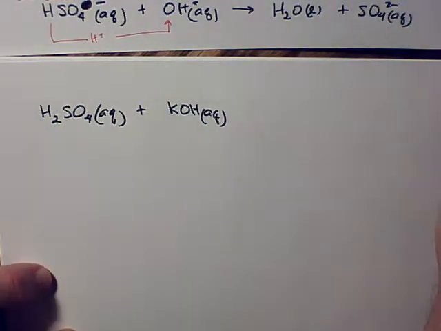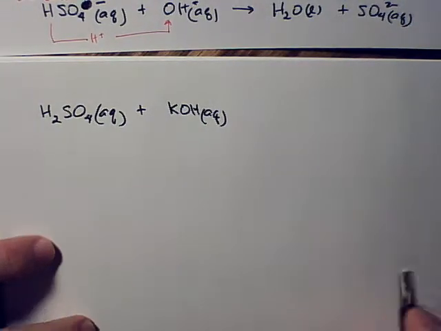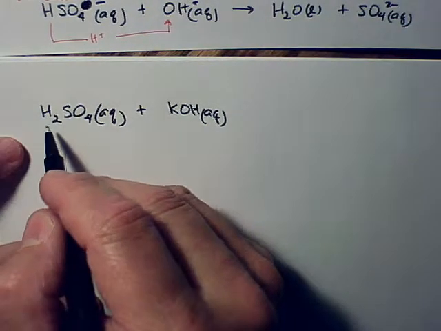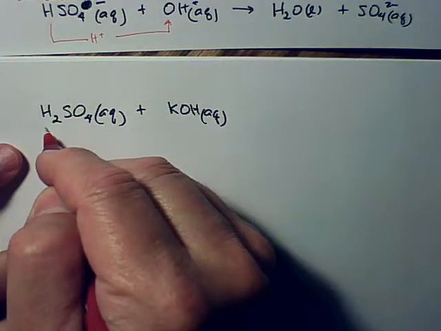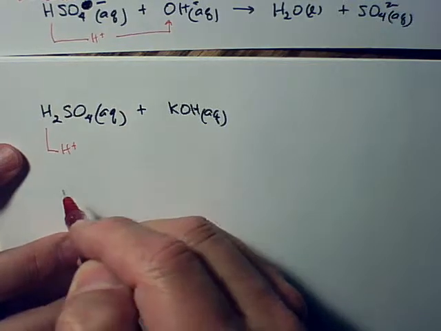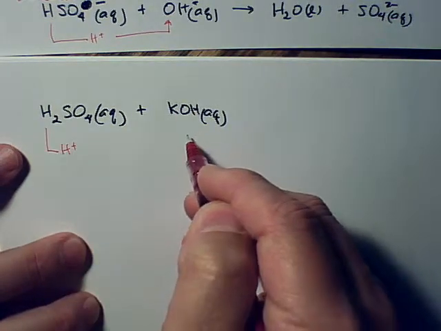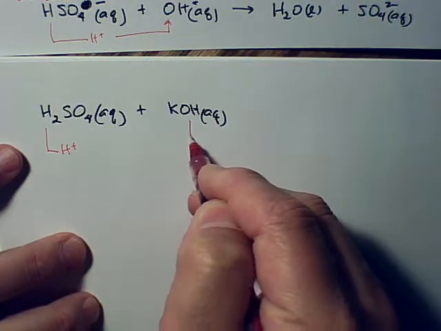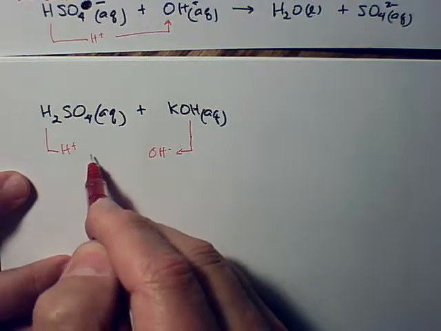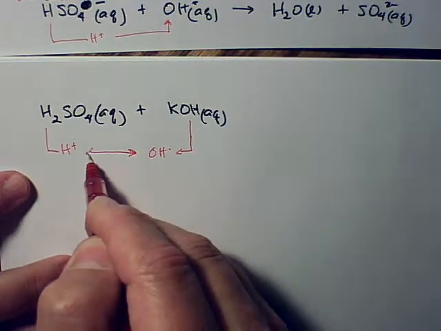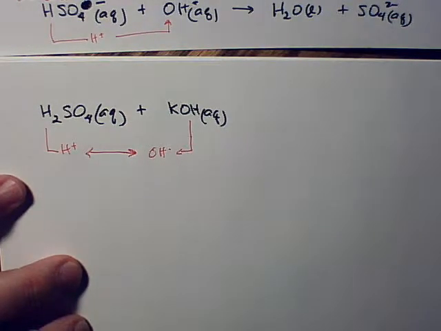Can't promise it's going to be the same acid we're going to use this coming Monday, but this is the one we used. All right. So the hydrogen ion is actually coming off of this thing, the hydroxide coming off of this thing, and they're joining together. Does that make sense?